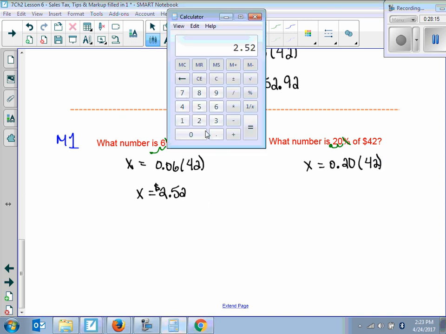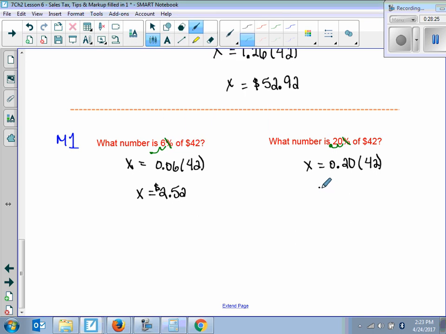So when we multiply, we end up with 0.2 times 42, and that's going to give us $8.40. So X is equal to $8.40.